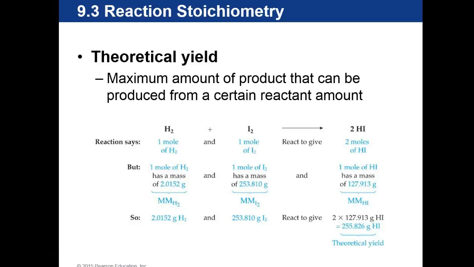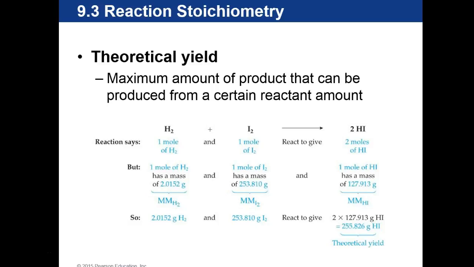We're going to look at the theoretical yield. This is the maximum amount of product that can be produced from a certain reactant amount. If the reaction says that you've got 2 moles of hydrogen and 1 mole of I2, they'll react to give 2 moles of HI.